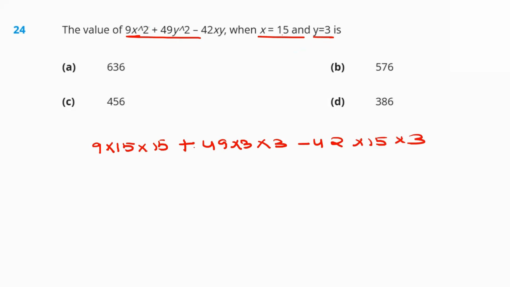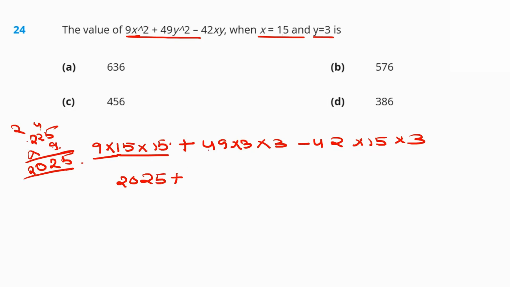If we simplify, 15 into 15 is 225. 225 multiplied by 9 gives 2025. Plus 49 into 9.